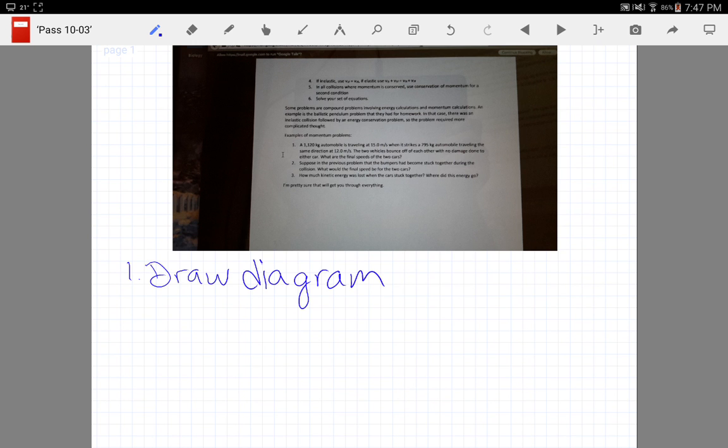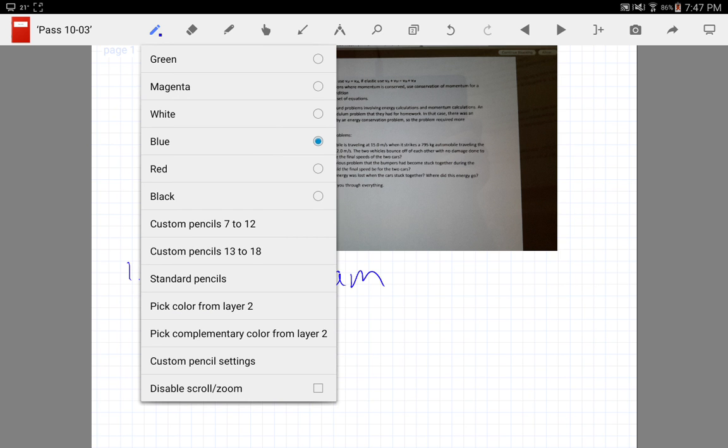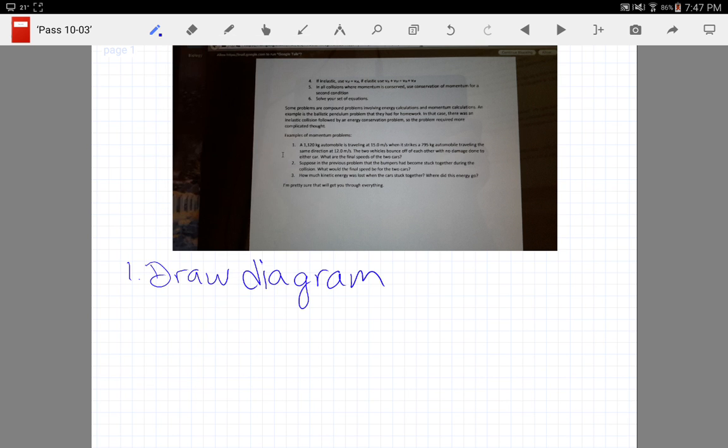Is that too small for you guys to see from there? No. Okay. Well, it's fine. I already have them. Okay, sounds good. Yeah. Perfect. Equation sheet, please.